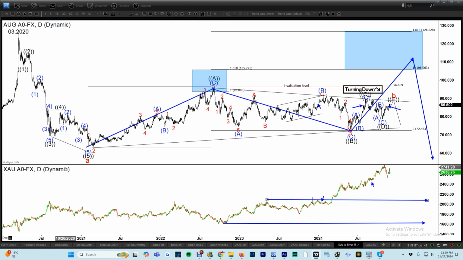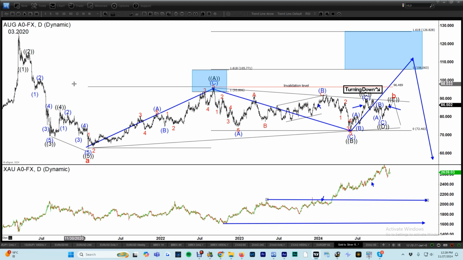At that time, if you followed social media, there was this movement called the silver squeeze, right? So it has overcome that level. It doesn't seem realistic to me.